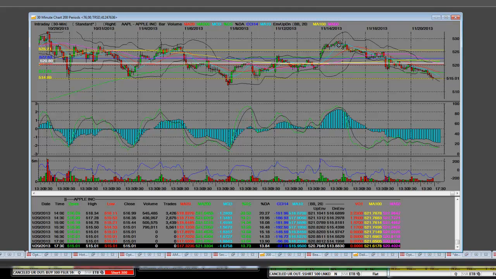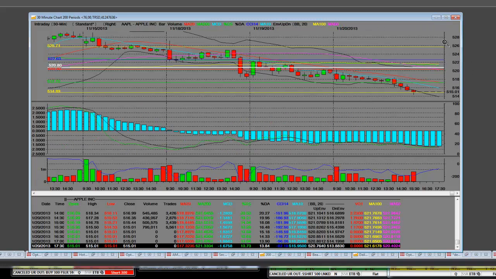Unfortunately, it was a short right below the 530 handle recently on 11/14, then of course 11/18, and today is 11/20. So we can see clearly what the trading ranges are. However, buying dips are good, and on the 30 minutes it's going to get what we call extremely oversold.